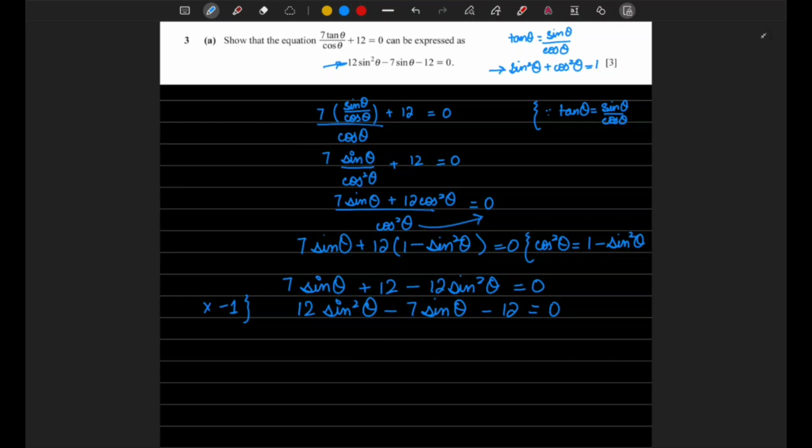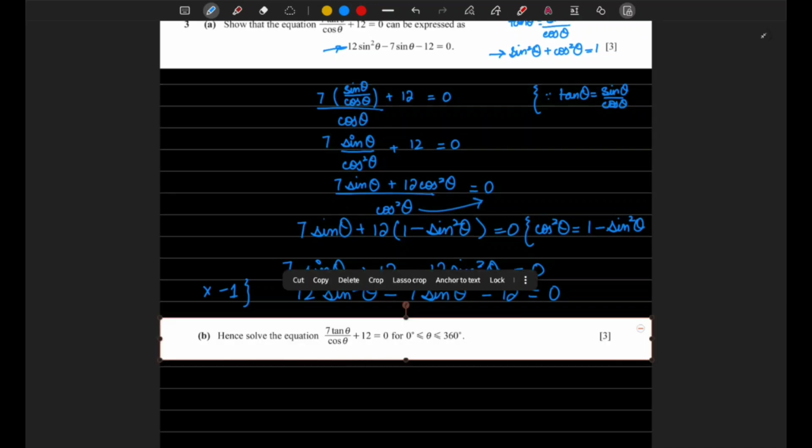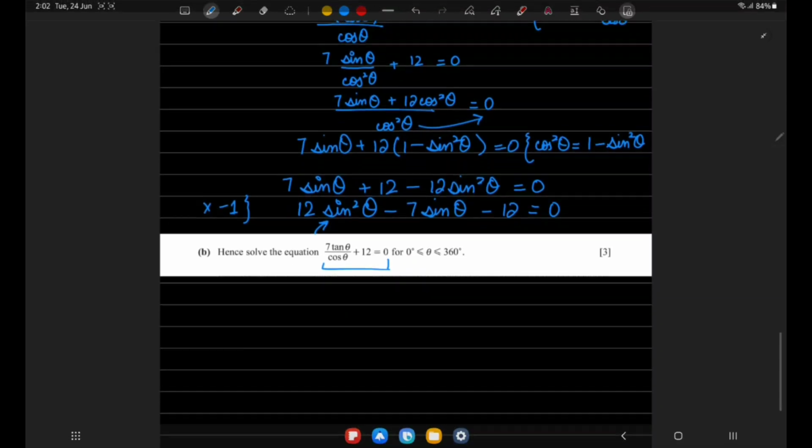Now secondly, we have part B as well. Part B says, hence solve the equation for theta between 0 and 360. The range is given, and now we have to solve this using the above part A. We have already proved that this is equal to this, so we are going to use this directly.